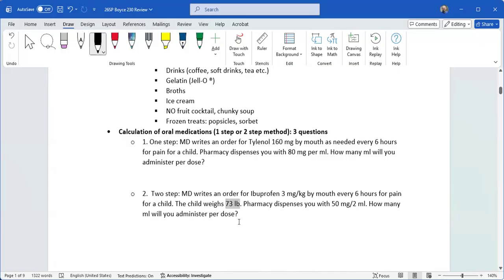So you need to convert pounds to kilograms, calculate the milligrams, and then solve for how many milliliters. That would be a weight-based problem.